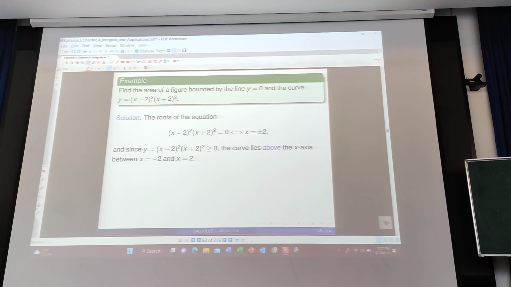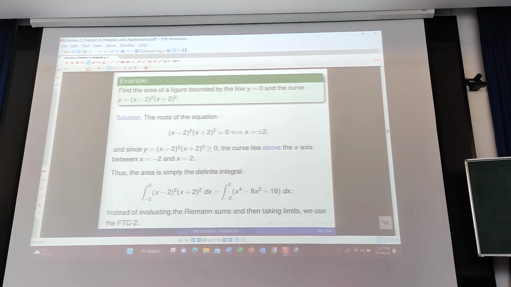Then it is an integral, right? You don't have to think about what the graph is, because you are sure that it is non-negative. The answer is the integral, and you can find it. Up to you. Right?